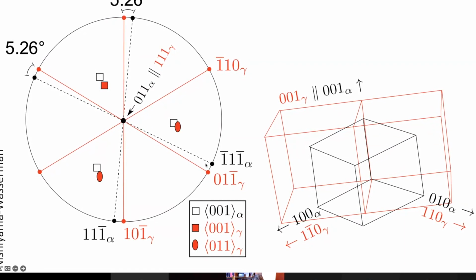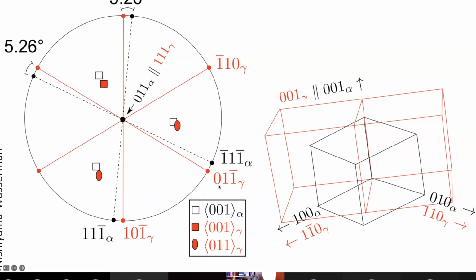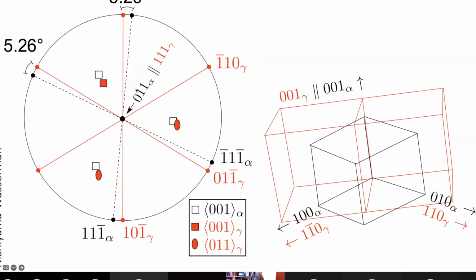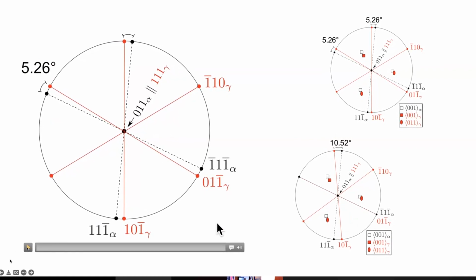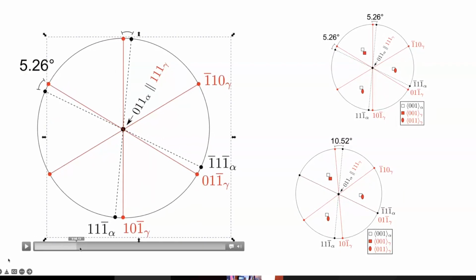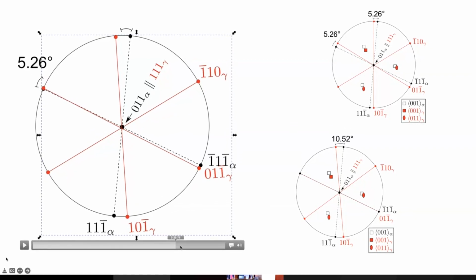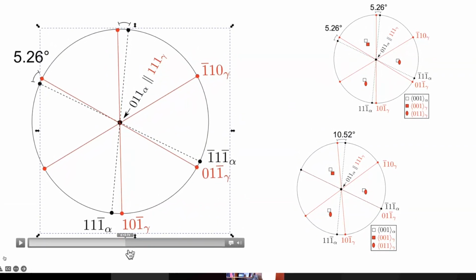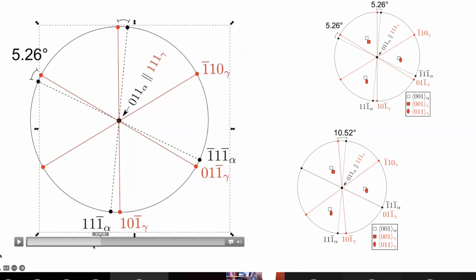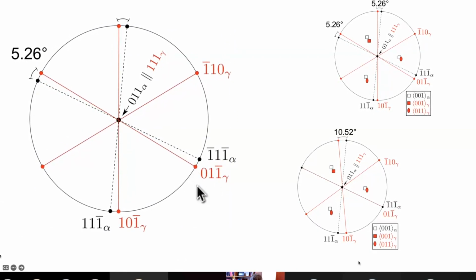And there is an angle of 5.26 degrees between the close-packed directions within these planes. There is a clear relationship between the Nishiyama-Wassermann and the Kurdjumov-Sachs orientation, just a rotation of 5.26 degrees about the central pole. Okay, so they're not very different.